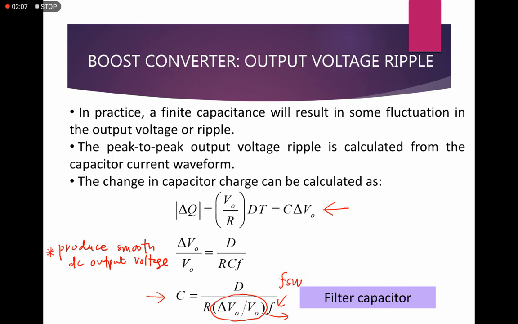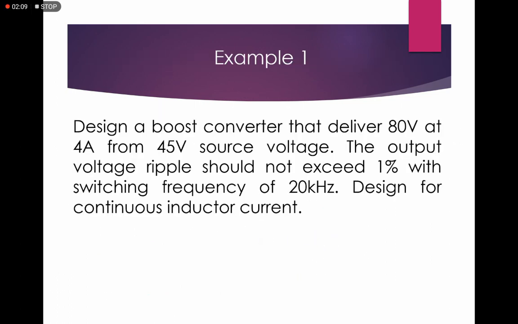Now we proceed to the next one, which is this example over here. You need to design a boost converter that delivers 80 volts of output voltage, this is our V0, at 4 amp output current, and your Vs over here is 45 volts.